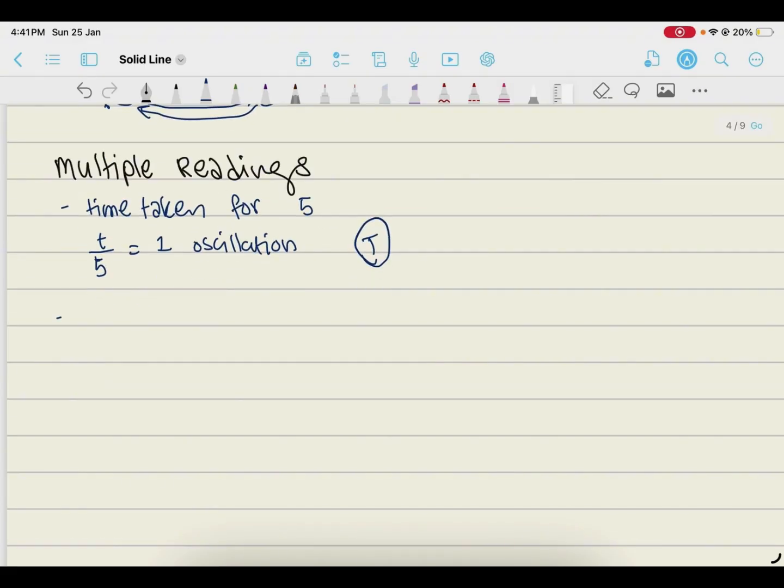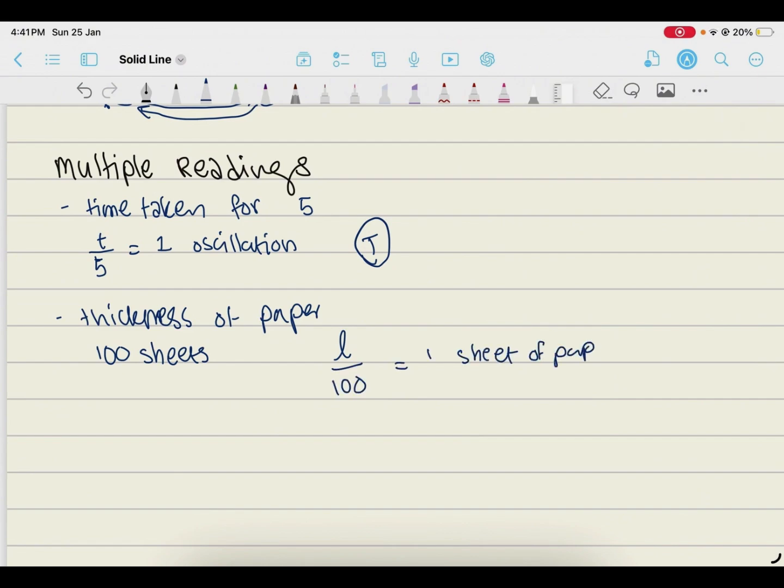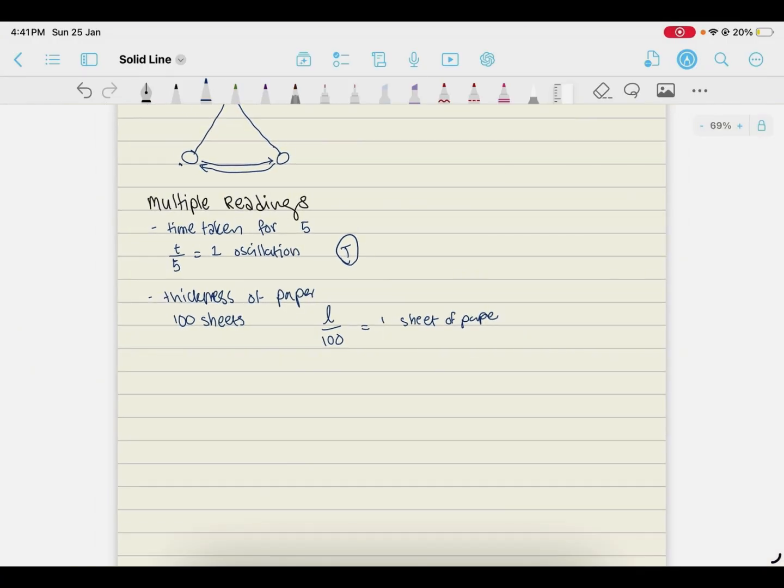Same goes for if you want to, for example, calculate thickness of paper. Instead of measuring for one sheet, you can measure thickness of 100 sheets of paper, and then divide that length with 100 to get for one sheet of paper. This we do to reduce the impact of measurement errors and for more accuracy.